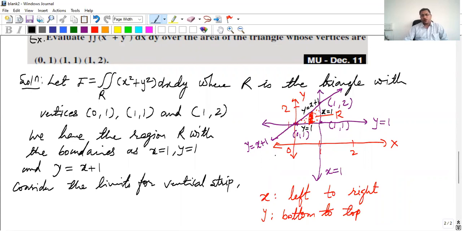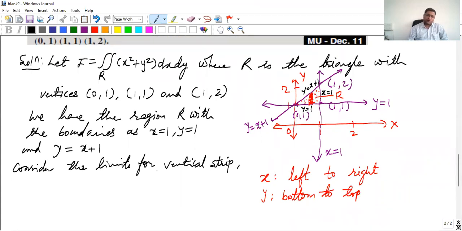Now if we consider the minimum value of x, x is running from 0 to 1, because at this point A, B, and this is going to be C. At point A, the minimum value of x is 0. At point B, the maximum value of x is going to be 1. So x is running from 0 to 1.